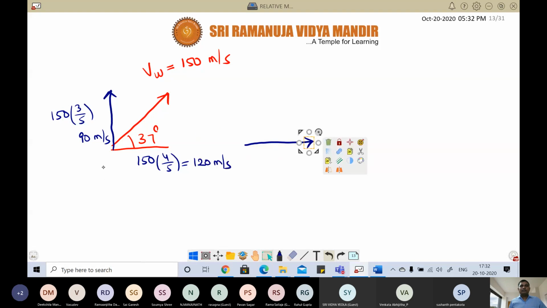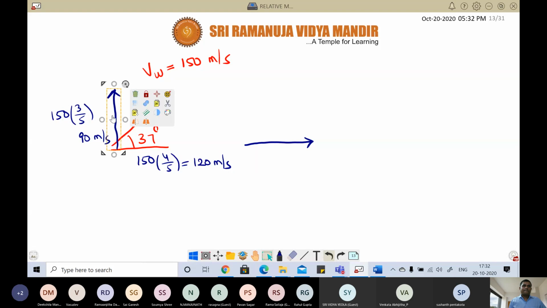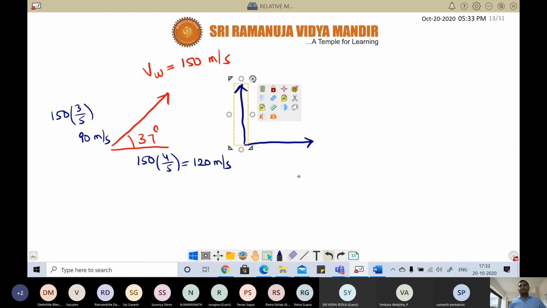This is the x component and this is the y component. This is 120 and this is 90. This is the wind's effort: wind in the x direction is this much and in the y direction is this much.